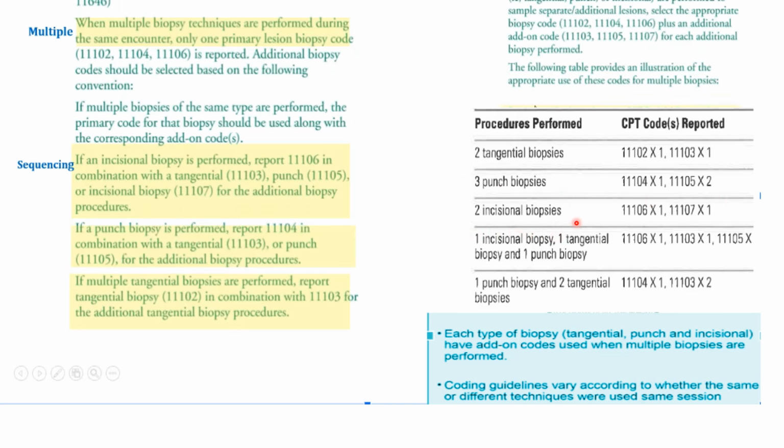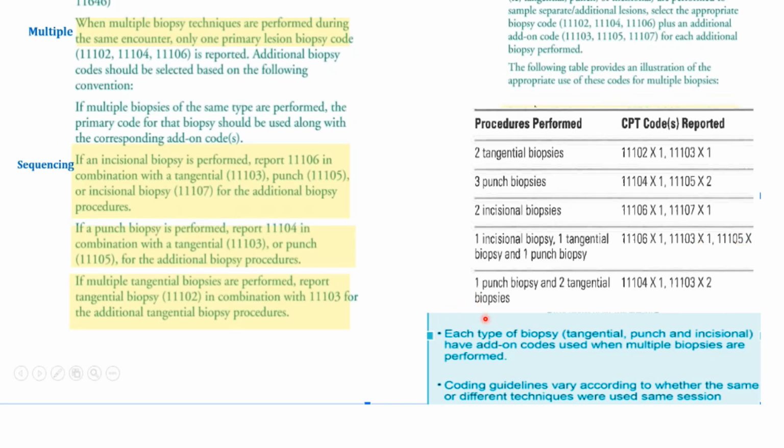Suppose there are two incisional biopsies, again we write one primary code and one add-on code. Suppose I have done one incisional, one tangential and one punch biopsy. Now how do I write? I write the incisional biopsy primary code, and for the tangential and punch biopsies I write the add-on codes.